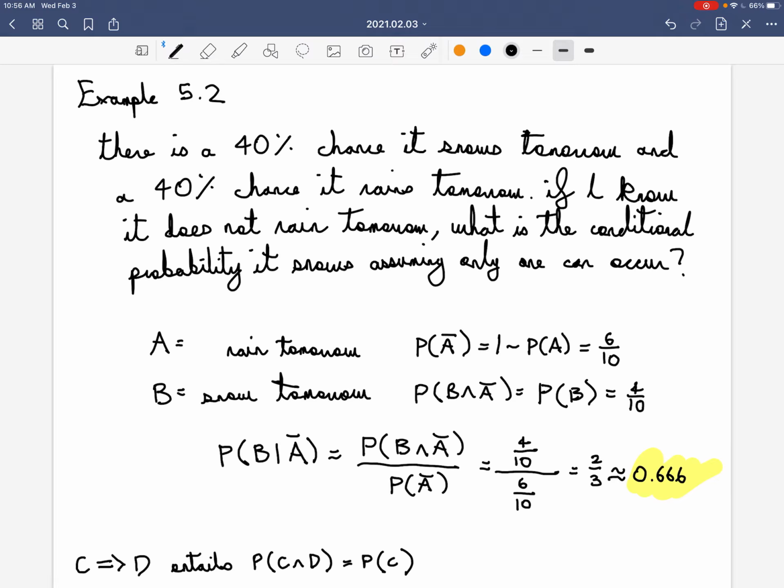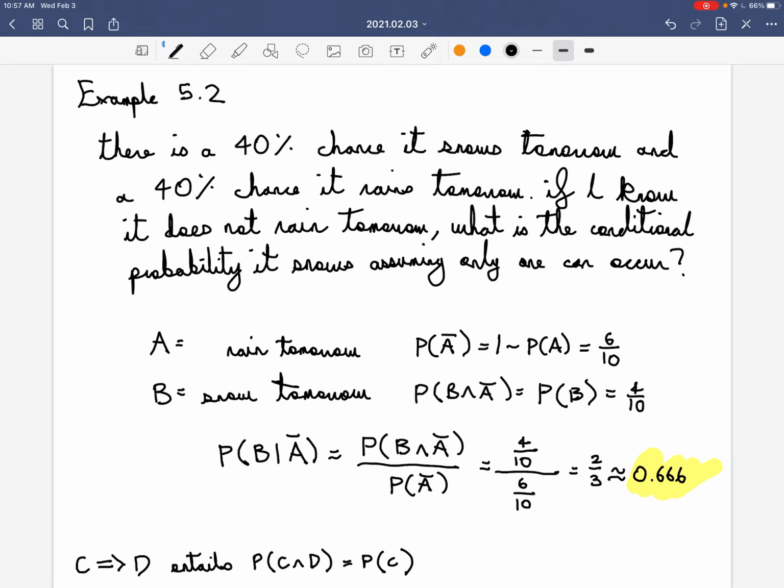We're going to need the probability it snows tomorrow and it does not rain tomorrow, because the top of the conditional probability formula requires us to look at the probability it snows tomorrow and does not rain tomorrow. So we need the probability of B and A complement.